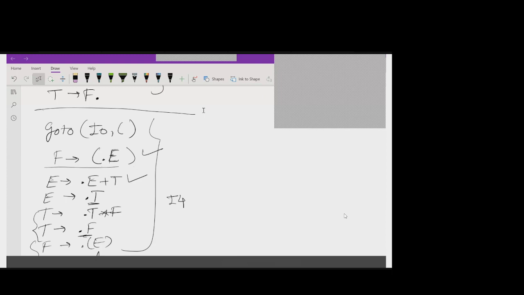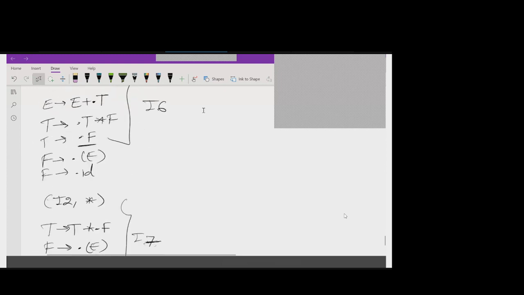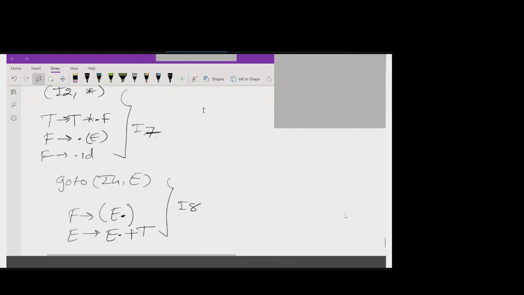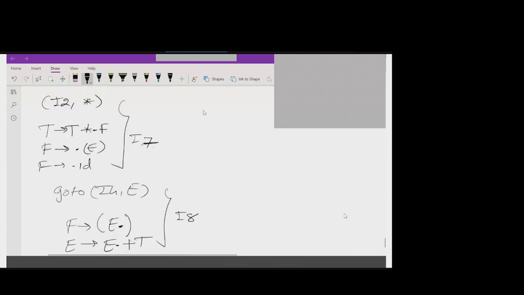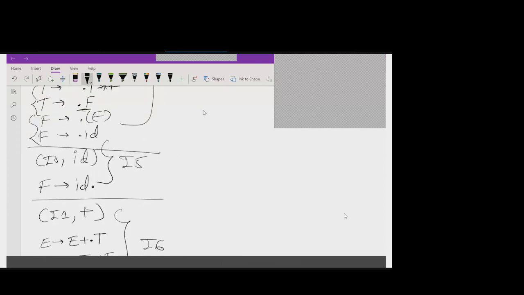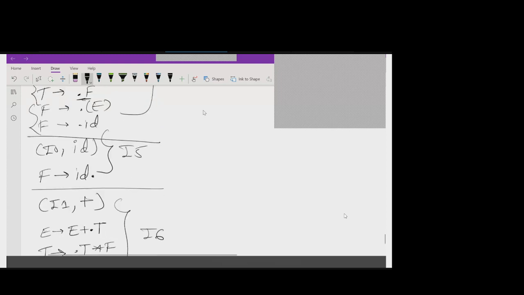You will get the same production as I4. Right?